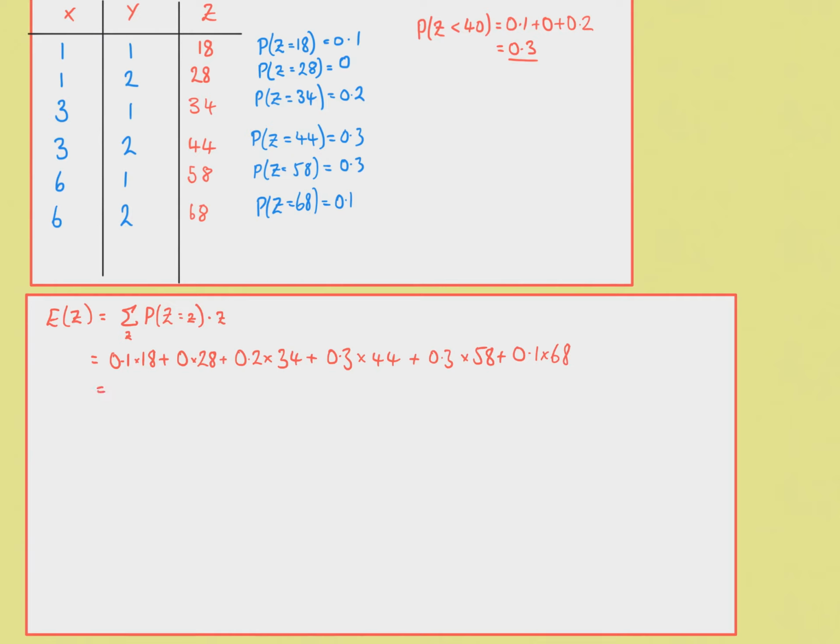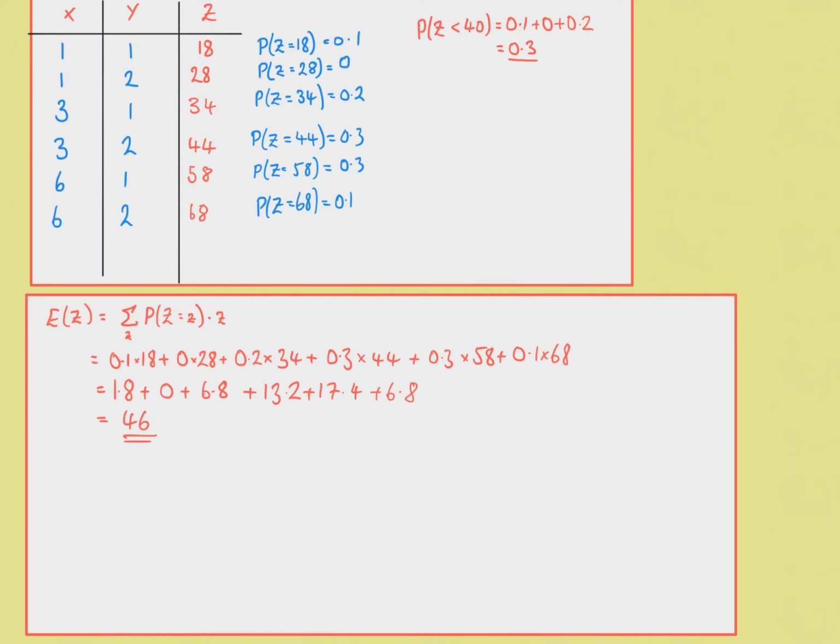And that's equal to 1.8 plus 0 plus 6.8 plus 13.2 plus 17.4 plus 6.8, which is equal to 46.